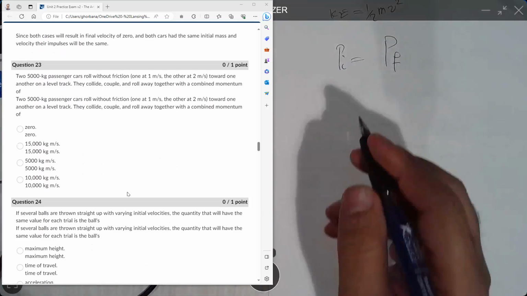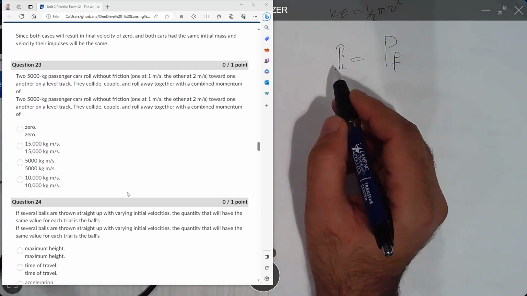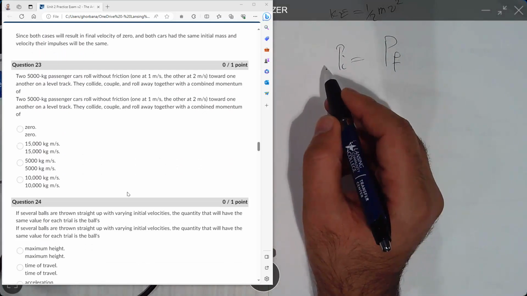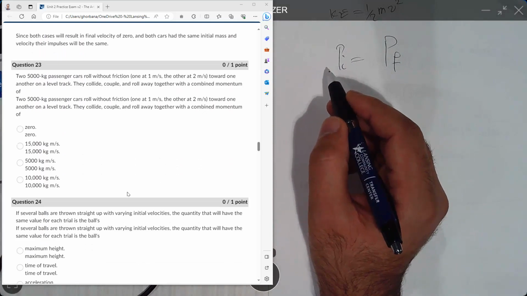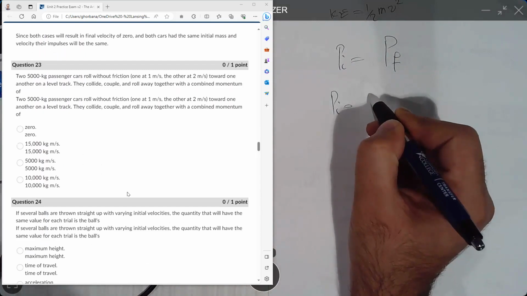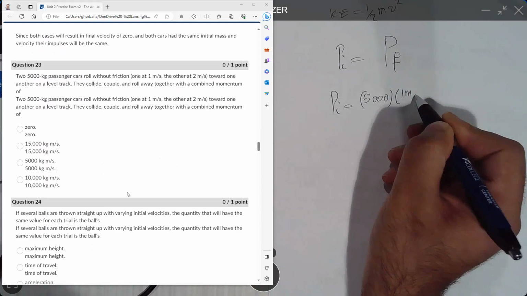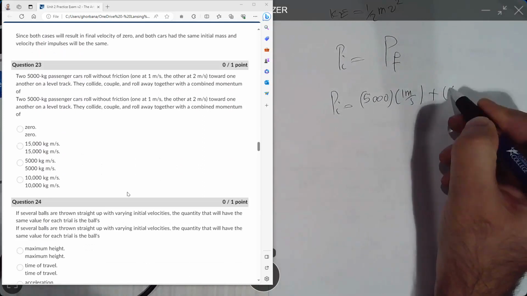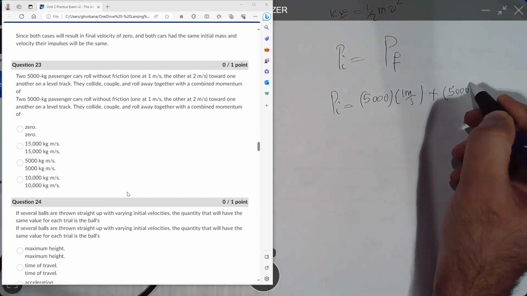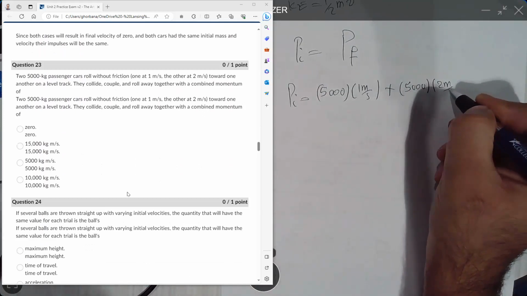What is the momentum before? One car moves at 1 meter per second, the other at 2 meters per second. So P initial is 5,000 kilograms moving with 1 meter per second plus another 5,000 kilograms moving with 2 meters per second. Good.